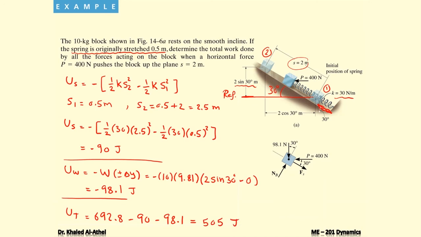Okay, and this basically covers all types of forces that we may face in dynamic problems. And with this, I'm going to thank you all for listening and conclude this lecture.